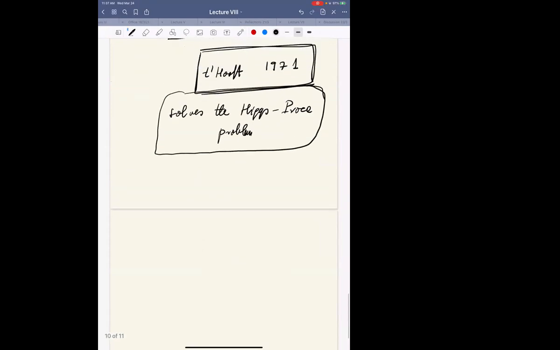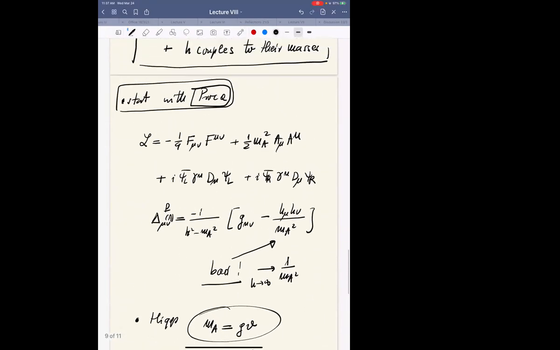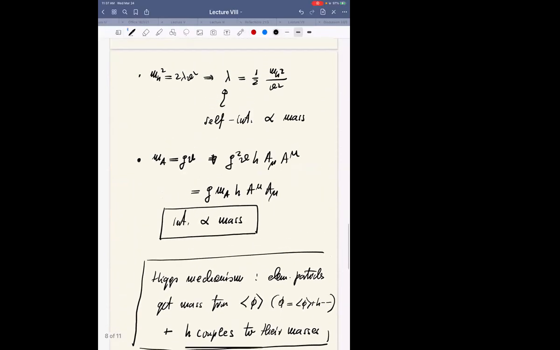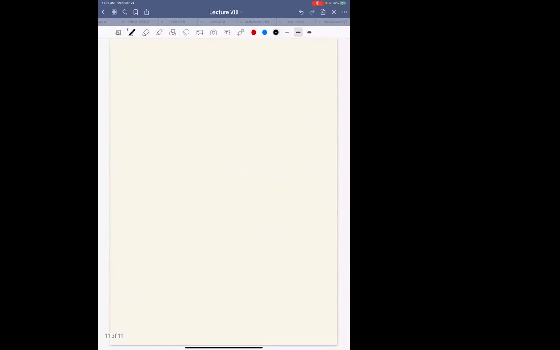So in order to appreciate all of that, let's try to see what we have achieved. So let's go back to what we have achieved. We have a massive gauge field, but notice what happened. I started with a complex field phi, and let's forget about the fermion. Forget the fermion.